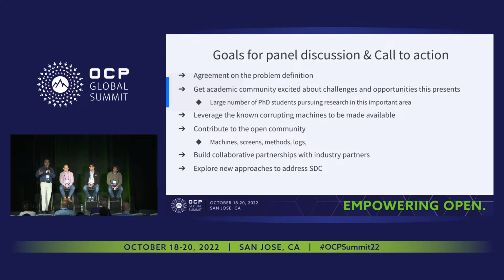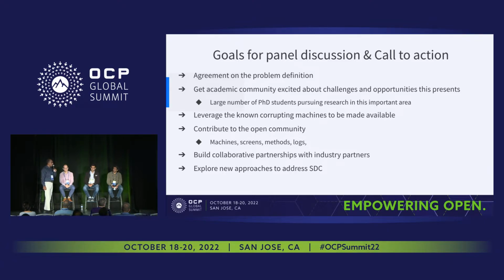And be able to vet each other's results. So building this open community, a lab where all these machines are available, all the screening methods are available, the logs, the tests, the diagnosis are available, will really help spur further creativity in addressing this problem. I think this is something we should be doing more of, and that's one of the goals we have here.